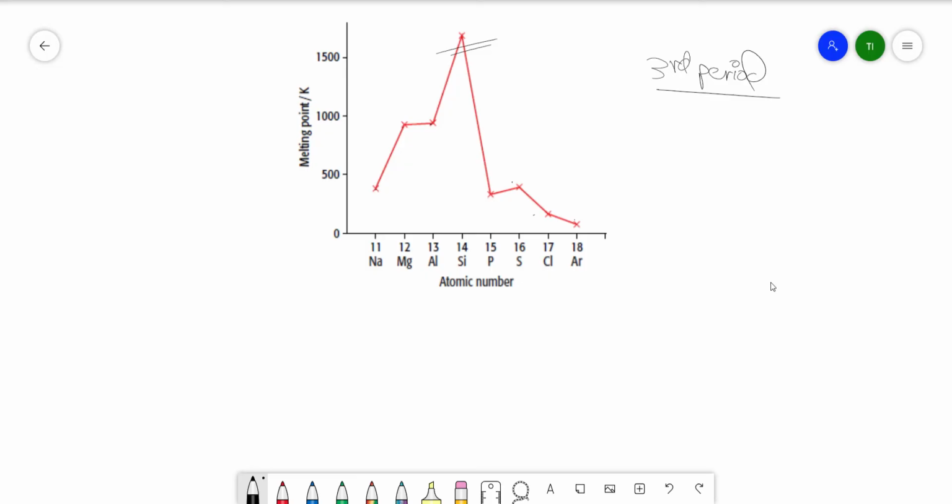So the comparisons that are usually made involve why these are higher than the non-metals, right?